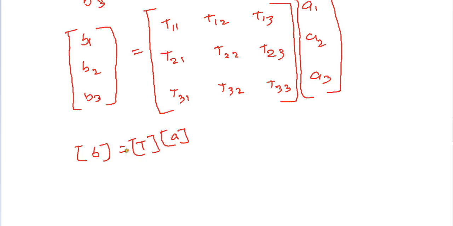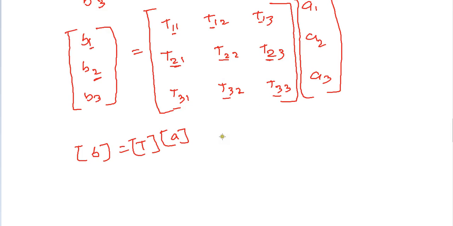In tensor notation we can write a very similar form. If you carefully observe, the first part T11 is the same, the second part is the same, and so on.